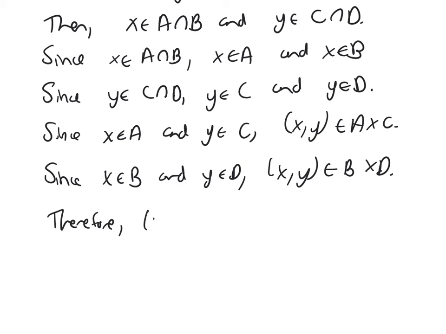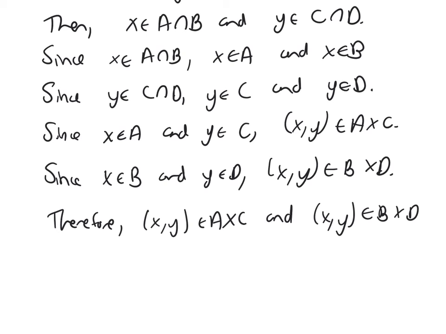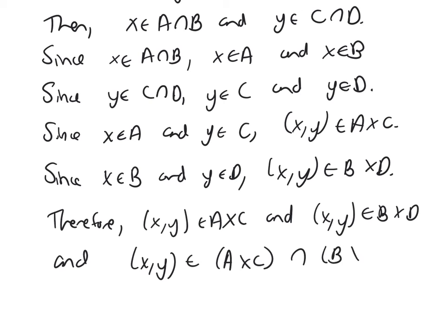Therefore, (x, y) is in A × C and (x, y) is in B × D. And we can conclude that (x, y) is in the intersection of these two because it's in both of them.